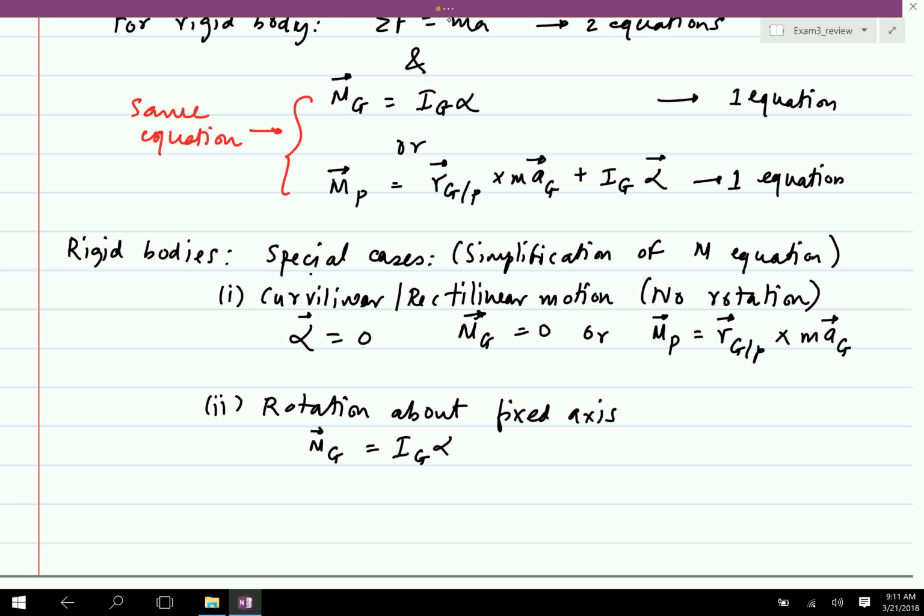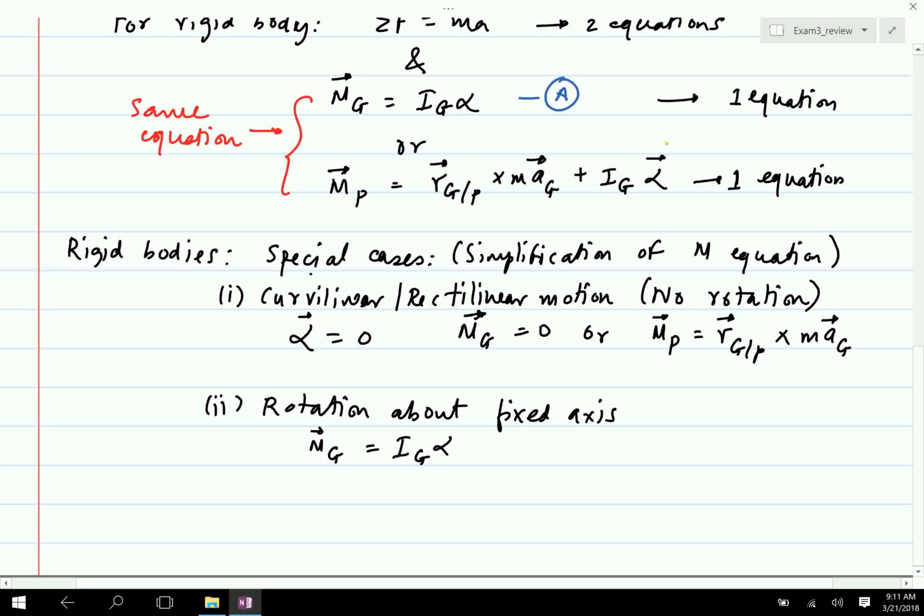So let's call these A and B. Use A or B. You could use either of those equations, but they don't really simplify because a_G is not equal to 0. However, I recommend using A. Okay, that's how we solve all the problems in the book.